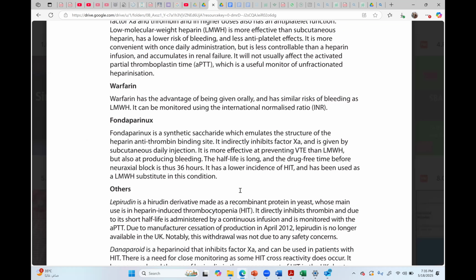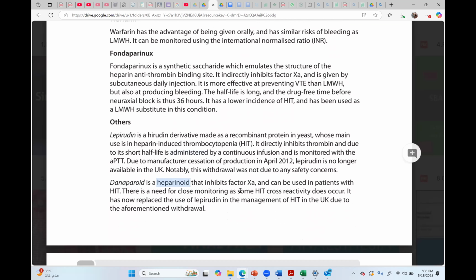Fondaparinux is also a medicine which can be used for HIT, in a patient who has HIT, but it has more tendency for bleeding. Lepirudin is a hirudin derivative made as a recombinant protein in yeast, whose main use is in HIT.